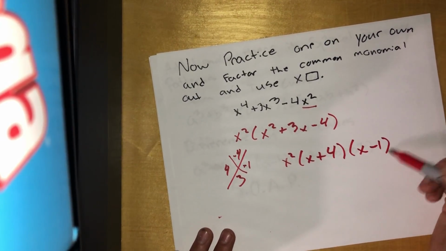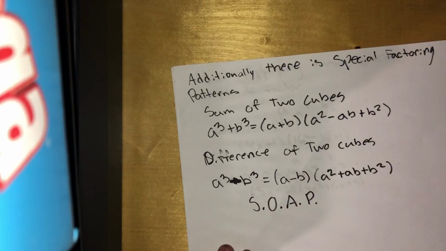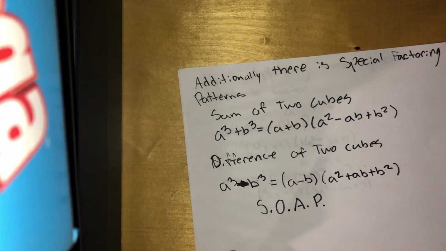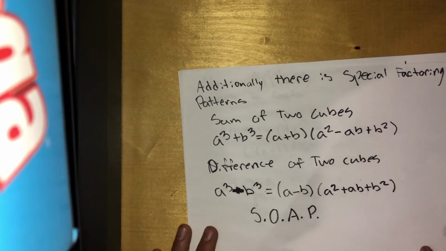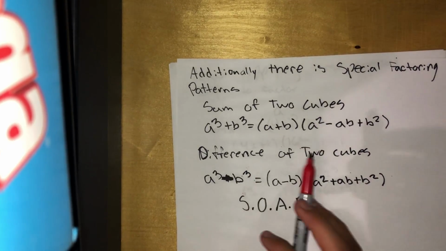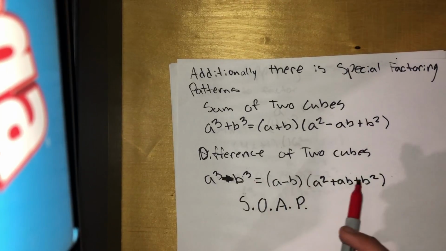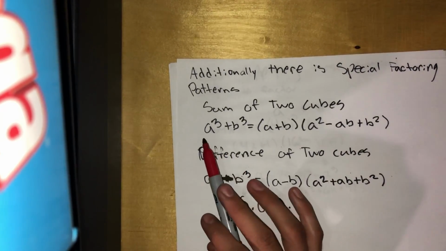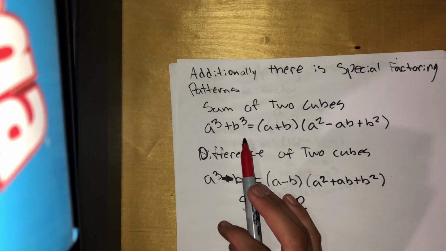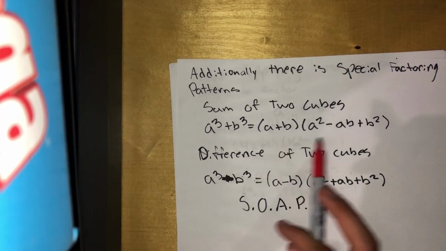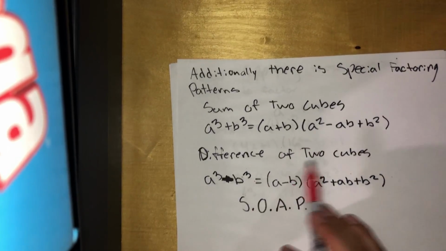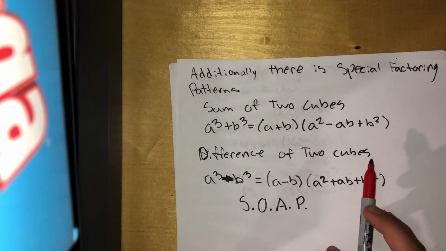Additionally, to factoring polynomials, there's a special factoring pattern. The special factoring pattern is sum of two cubes and difference of two cubes. So sum of two cubes is a cubed plus b cubed equals a plus b, and then in parentheses, a squared minus ab plus b squared.